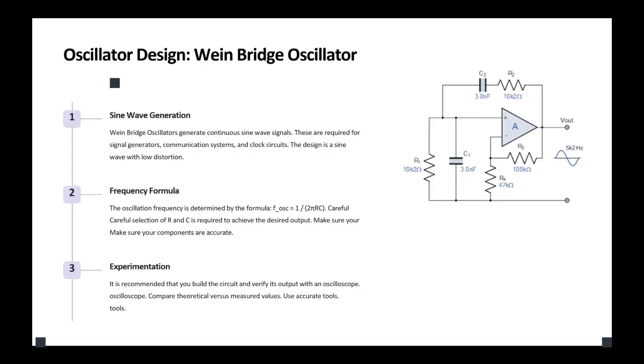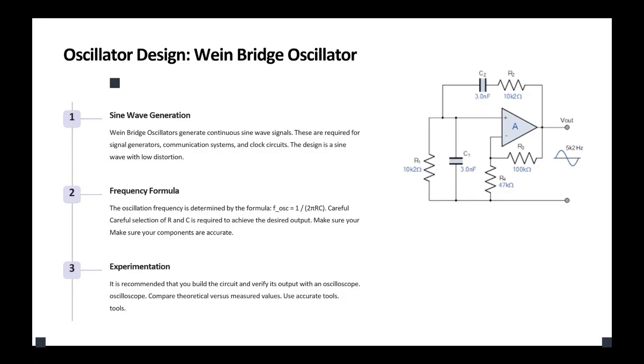The waveform can be a sine wave or a square wave or triangle or sawtooth. Now the Wien bridge oscillator specializes in generating clean sine waves, which makes it ideal for audio tones or signal generators and test equipment.